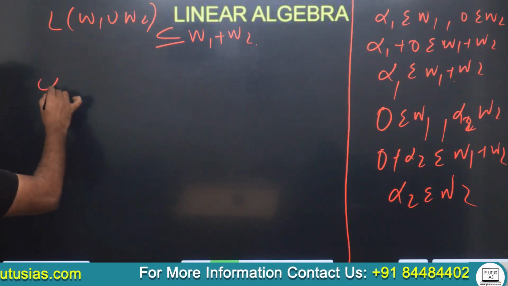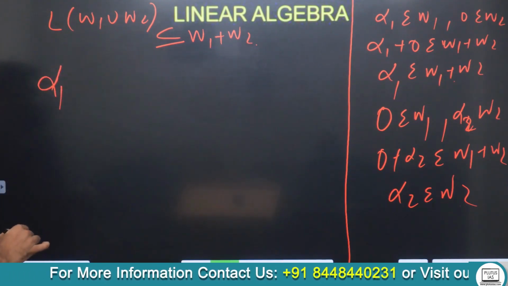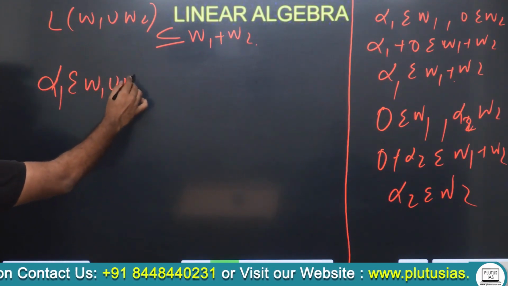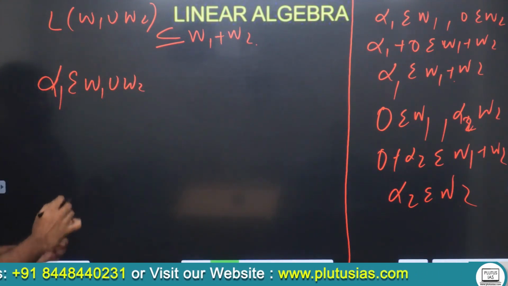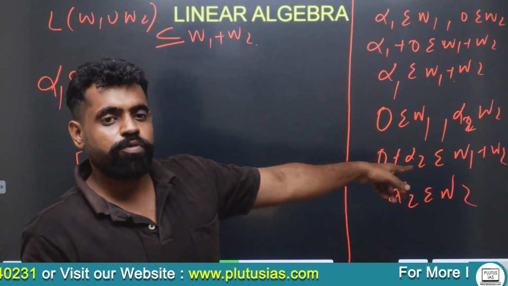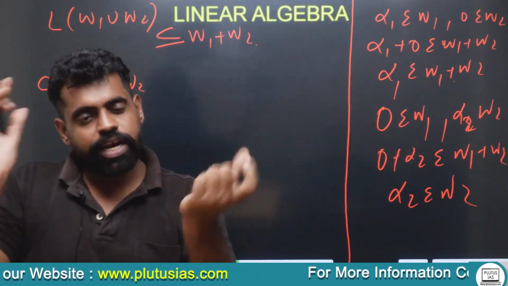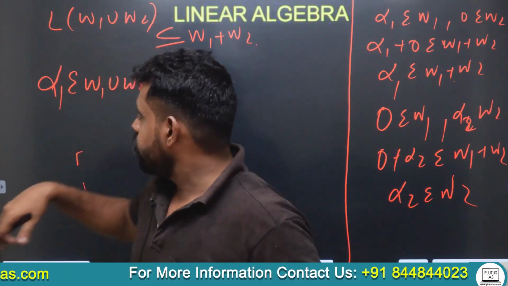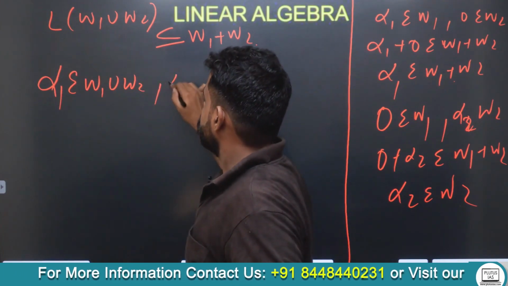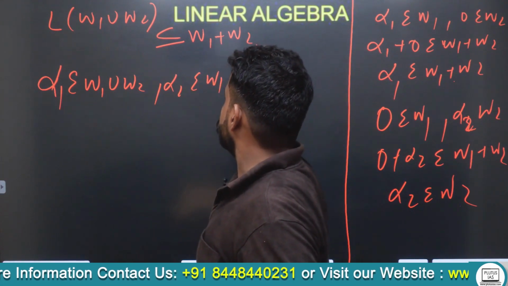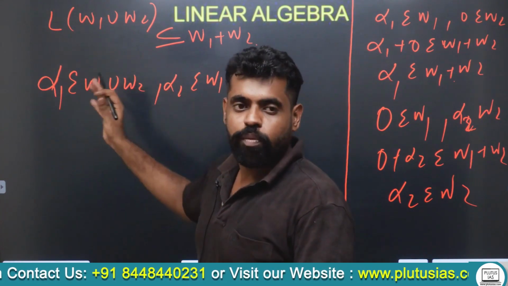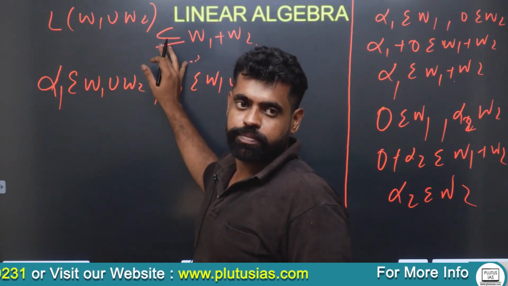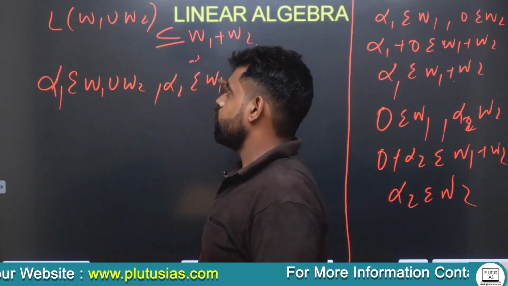I can prove that alpha 1 belongs to W1 union W2, and I also proved that alpha 1 belongs to W1 plus W2. So the whole linear combination will also belong to this ना. Alpha 2 belongs to W1 union W2, the whole linear combination of this would be a part of this only ना. नहीं समझा आप लोग?